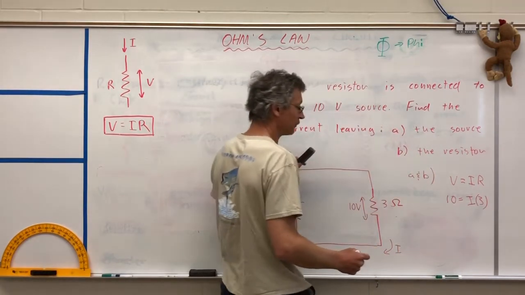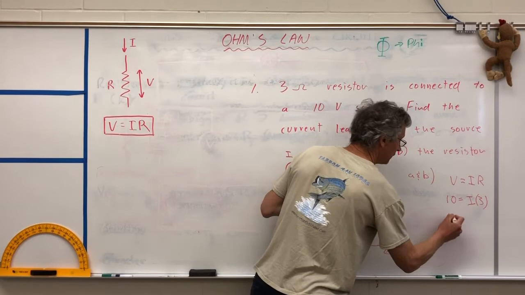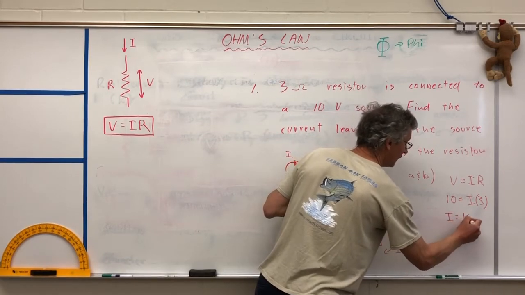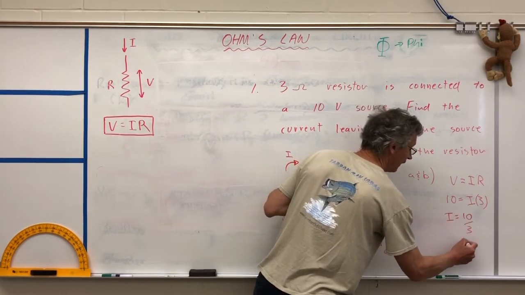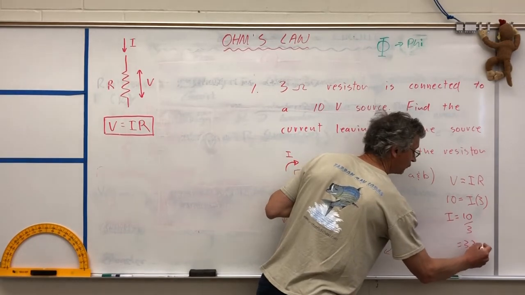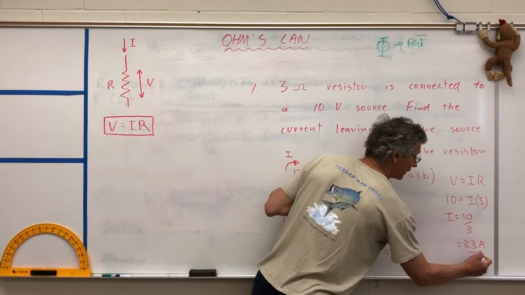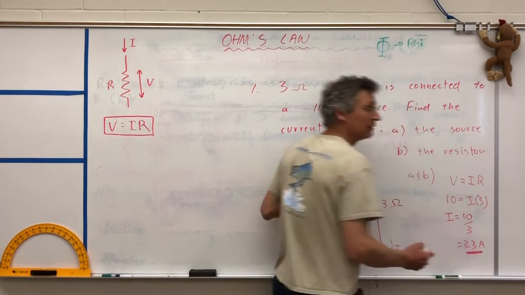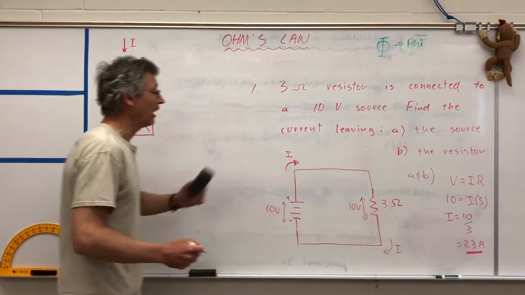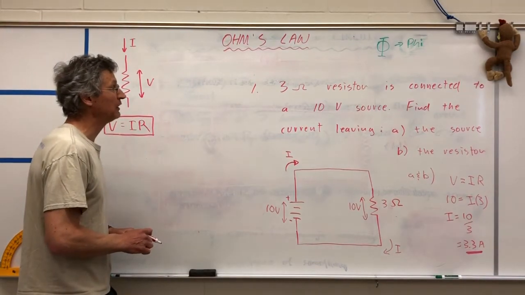So you solve this equation, the 3 slides underneath the 10. And there you go. Don't forget your units. You're talking current. That's measured in coulombs per second or amperes. Done. Piece of cake. Okay, that was pretty easy.